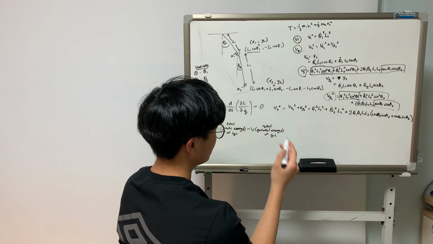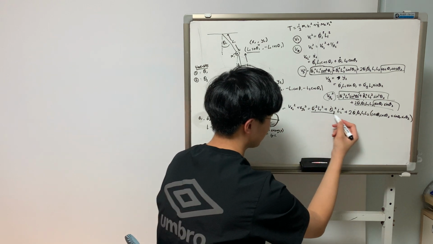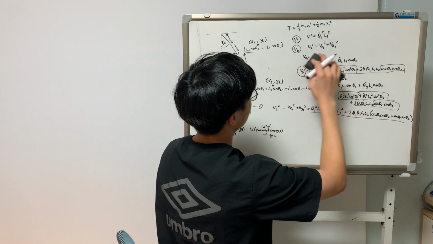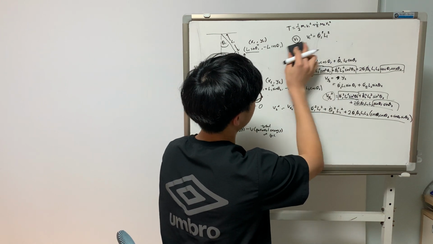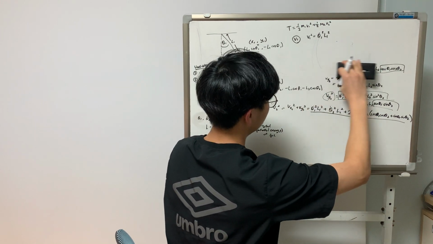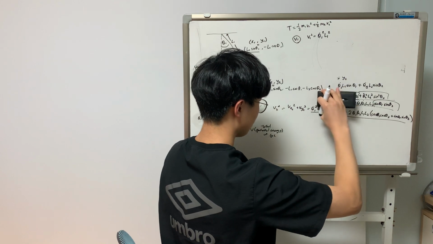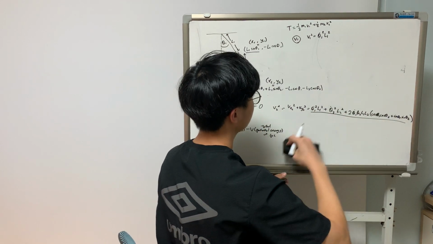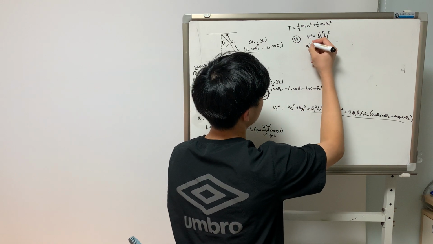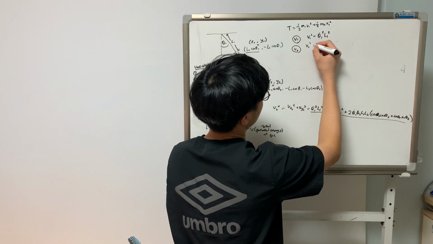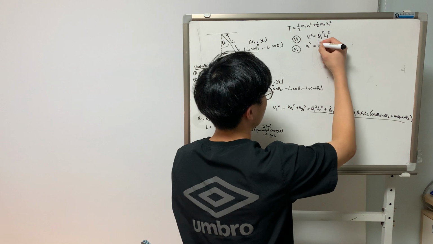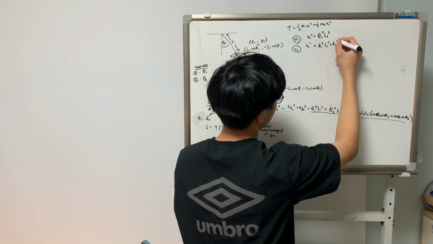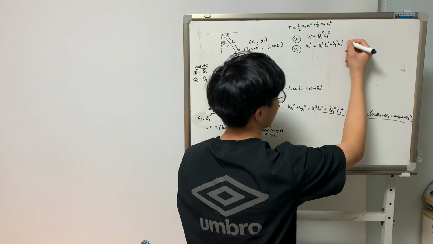Okay, so we have this lengthy expression over here. Now we can erase all this part and get V1 is equal to that, and V2 is equal to this here. So V2 squared is equal to this long expression that goes like this.